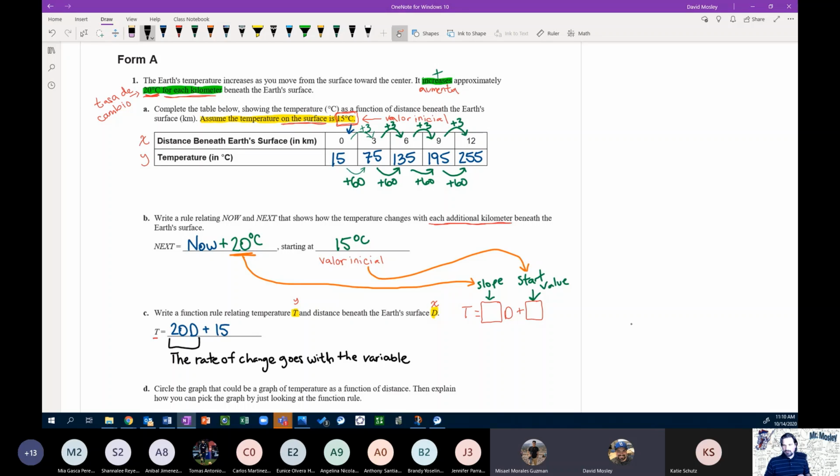Okay, Kevin has questions about the first table. The table up there. So, Kevin, what is your question about the table?